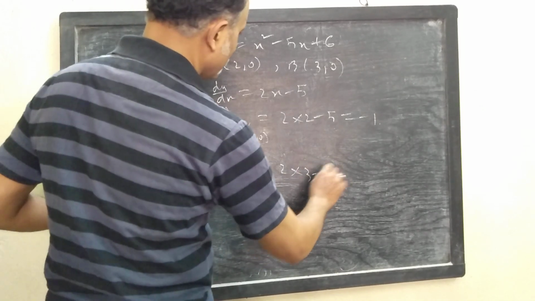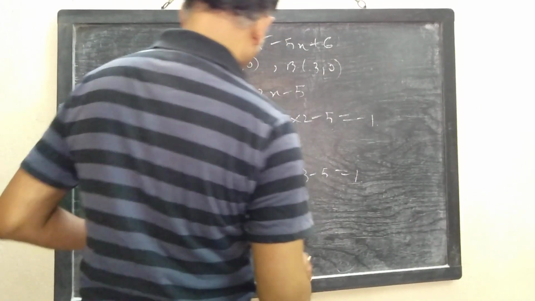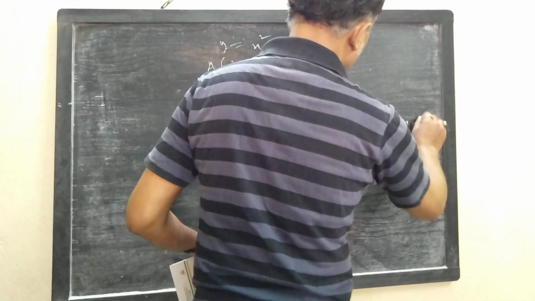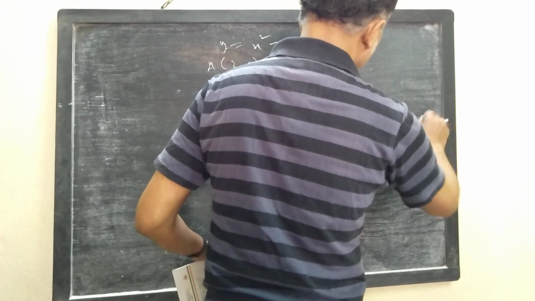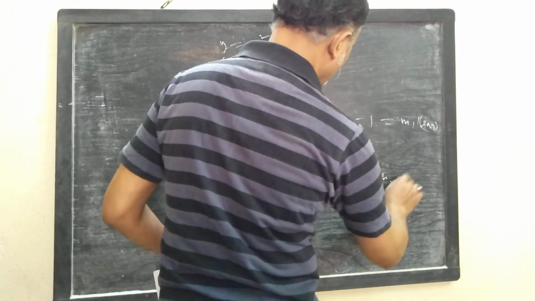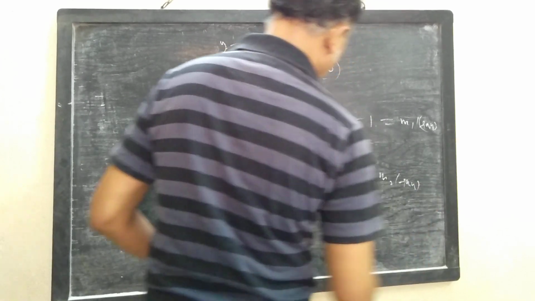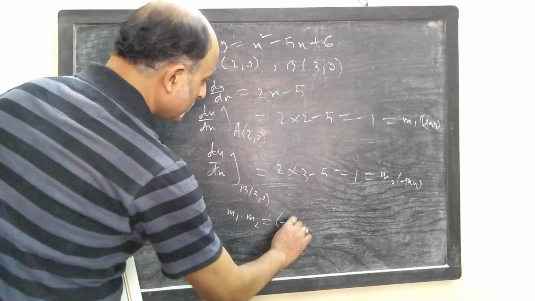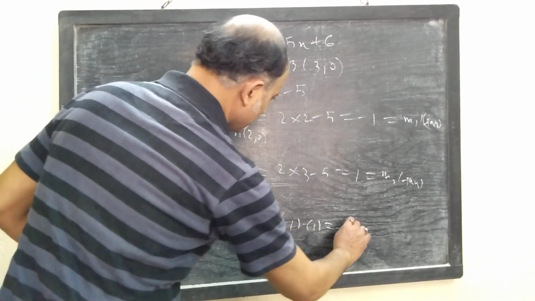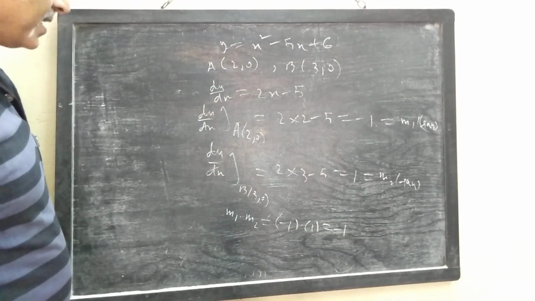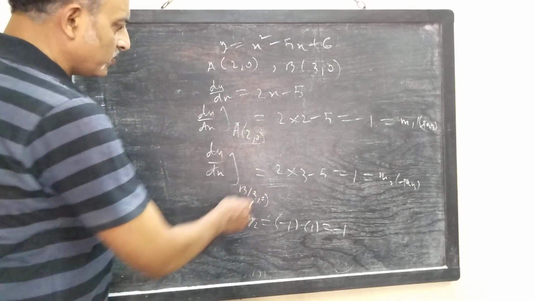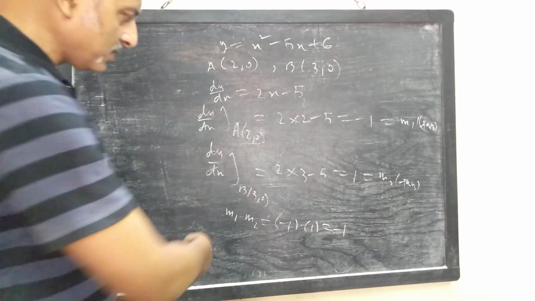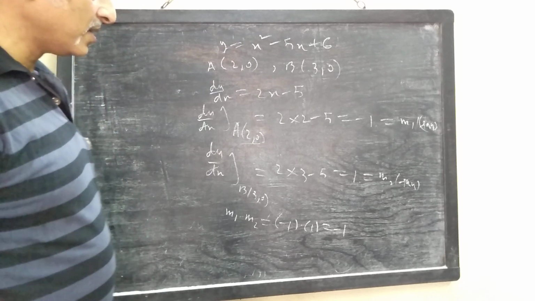This will be 2 into 3 minus 5, that is 1. You can call it M1, say, and M2, say. Now, M1 into M2 will be -1 into 1 equals -1, signifying that the tangents to the curve at these 2 points are mutually perpendicular, because the product of their slopes is -1 here.